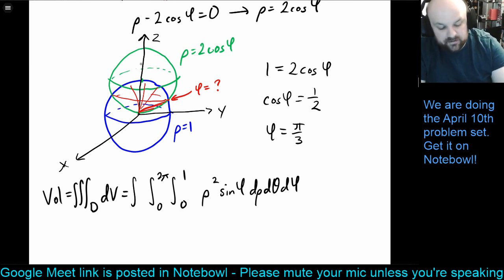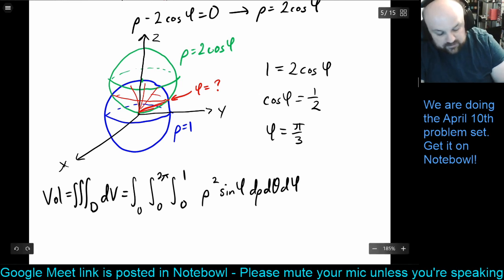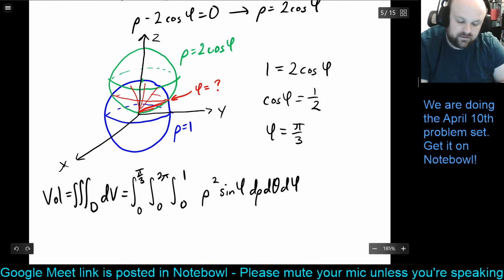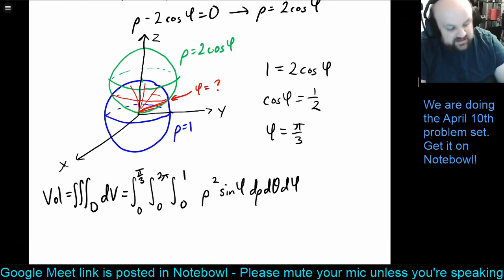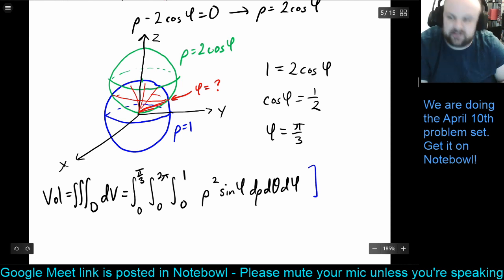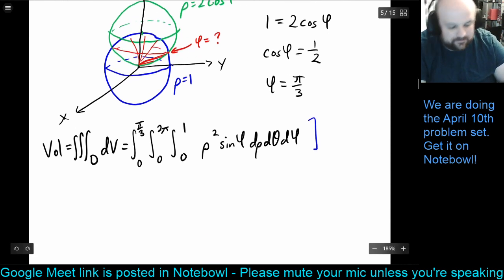Remember, the very top on the z-axis is when phi equals 0, and then it increases as you fall down. So this is going to go from 0 to pi over 3. Now this is the blue part, so I'll just put a little blue bracket on it like that.